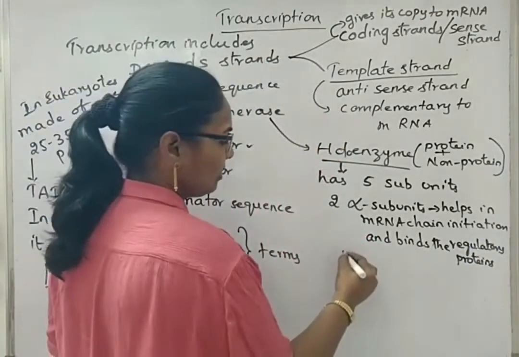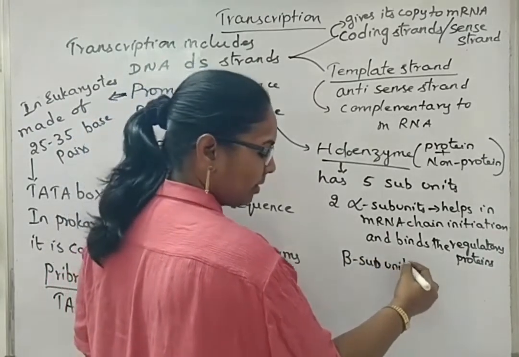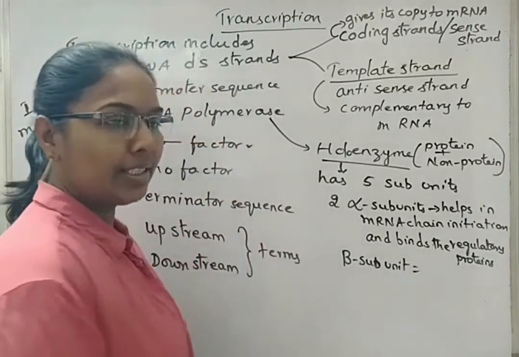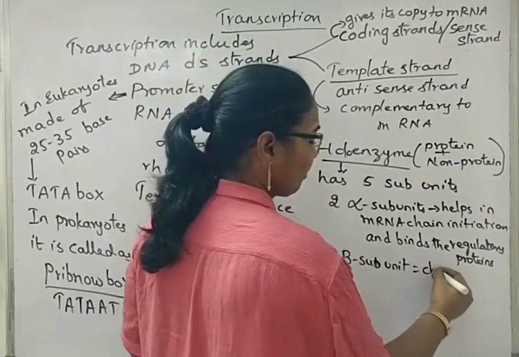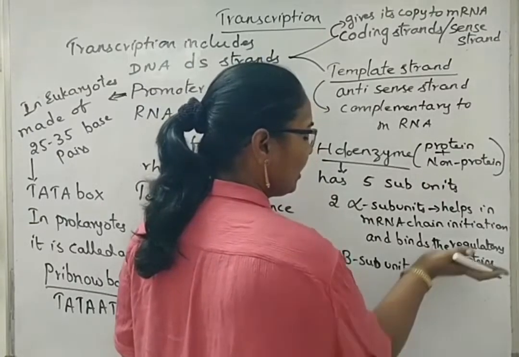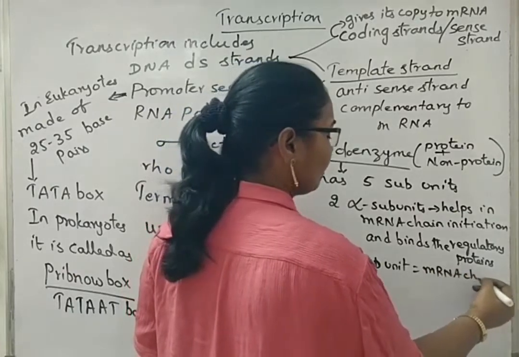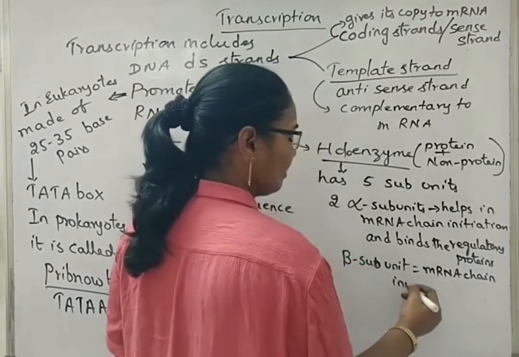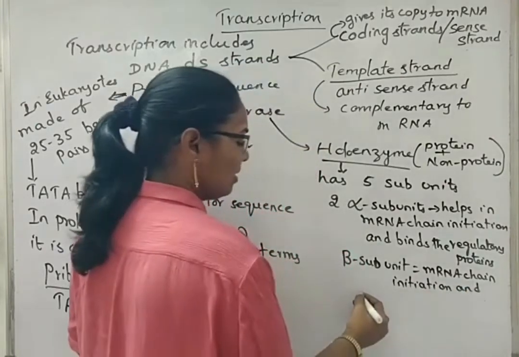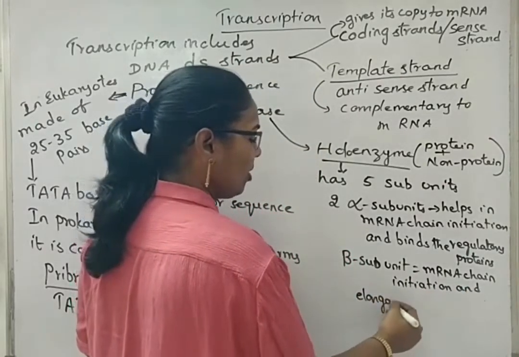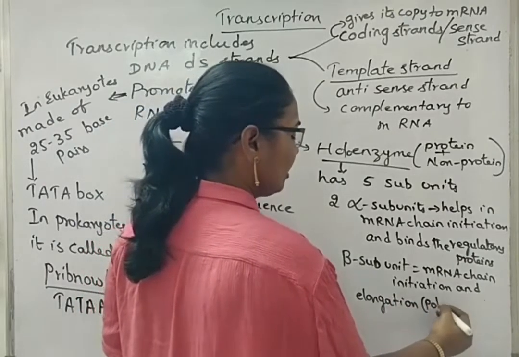Now, another one, beta subunit. That is only one. It also helps in chain initiation and chain elongation. Nothing but polymerization. What chain? mRNA chain initiation and elongation. This elongation term we also use with polymerization term also.